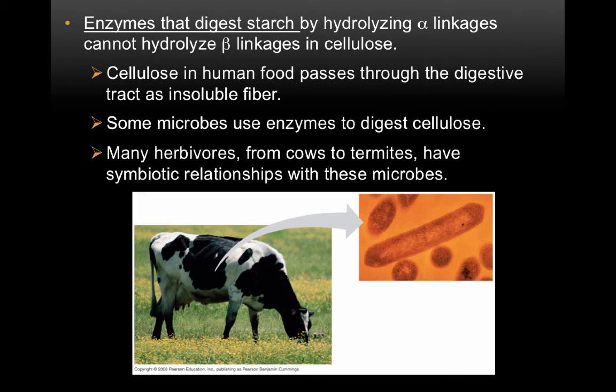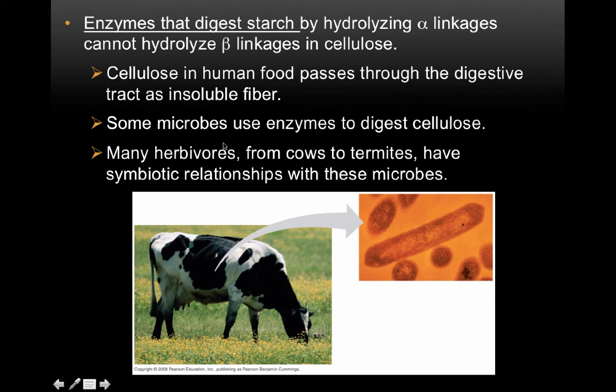So when you eat plant material, the enzymes in your digestive system cannot hydrolyze those bonds in the plant material cell wall. And therefore, cellulose in our food passes through our digestive systems intact. And we call that insoluble fiber, or dietary fiber, if you will. Dietary fiber is really important for keeping our food moving through our digestive systems.